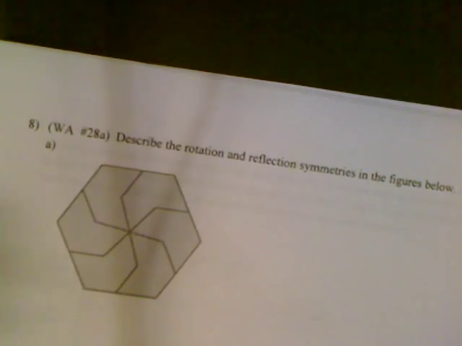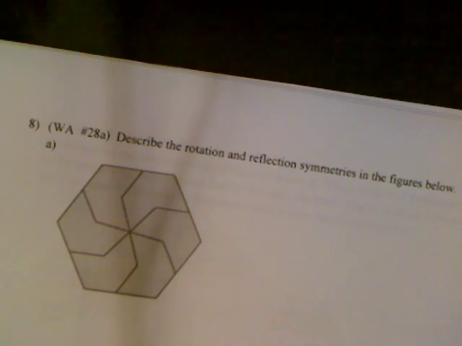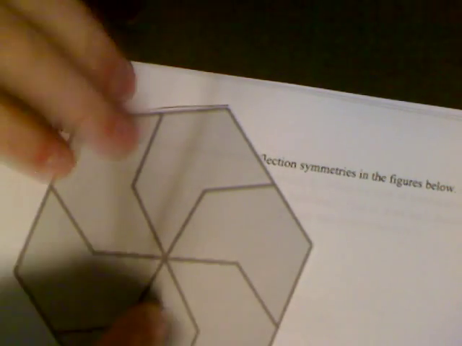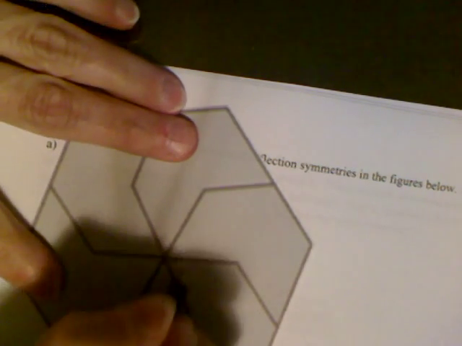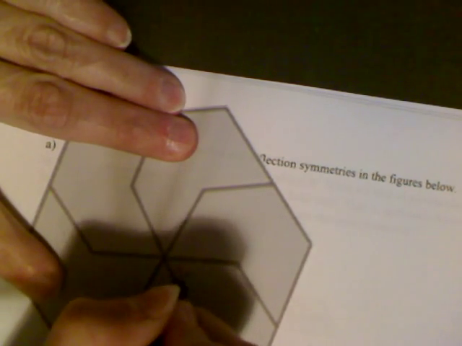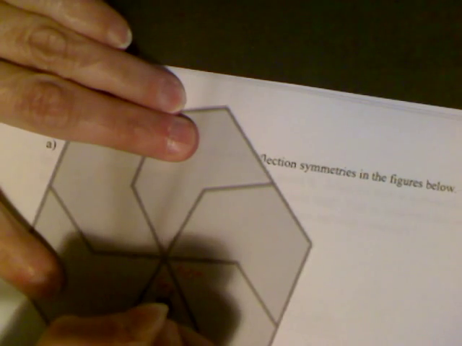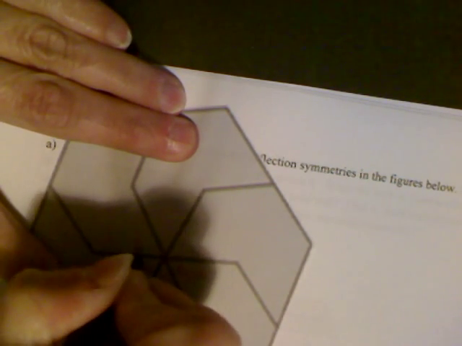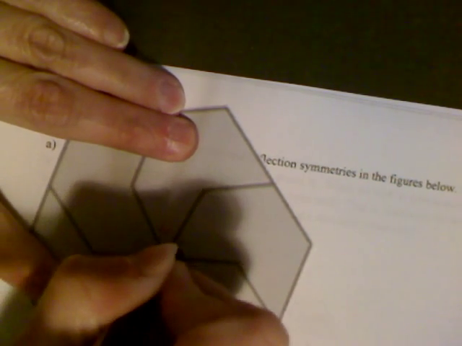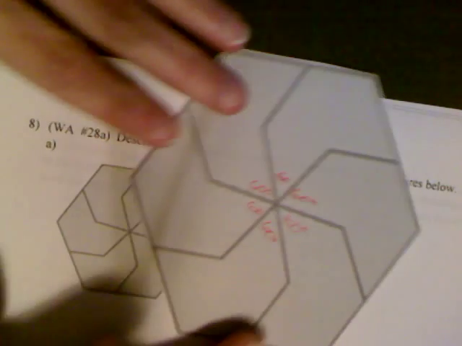All right. If I have this figure, describe all the rotation and reflection symmetries. Well, this is a hexagon, so I have 1, 2, 3, 4, 5, 6, so this is 60 degrees, 60 degrees, 60 degrees, 60 degrees, 60 degrees. Now, I know that this image didn't come out to be as perfect as the one in the picture.